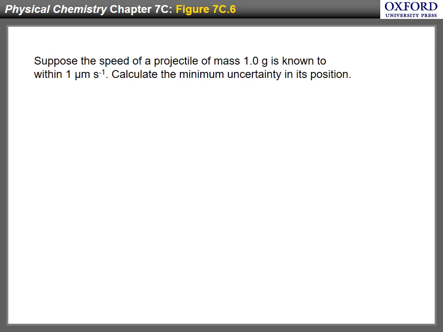So we need to estimate the delta P from the Heisenberg's uncertainty principle. Okay, and we have to determine delta P from m delta V, in which delta V is our uncertainty in speed.